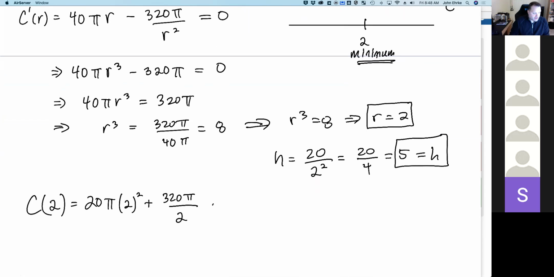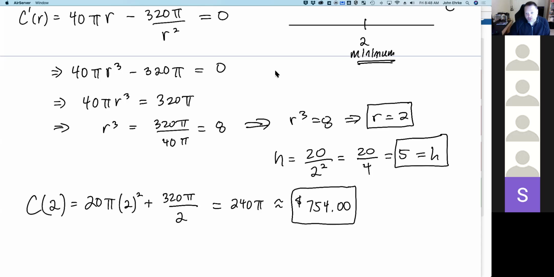So this value turns out to be approximately, well, not approximately, it is 240 pi, which is approximately $754. So $754 is the lowest cost they could get for this kind of can. Now, this isn't a can in the supermarket, so this is like a holding tank or something that they're making, but that's the best that we would be able to do.